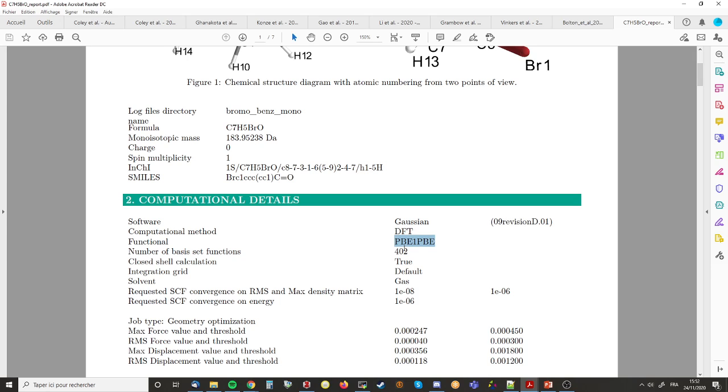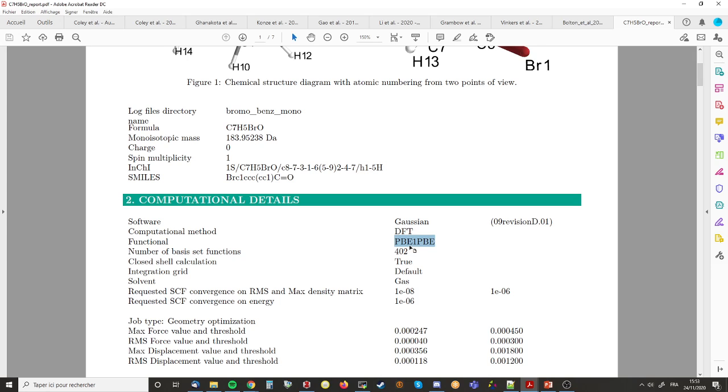So there is no such information. That means that a theoretician cannot redo the calculation and check. So when you do some calculations, or when you're working with a theoretician, you need to ask for such information.